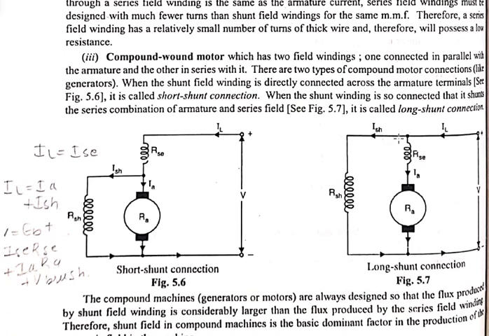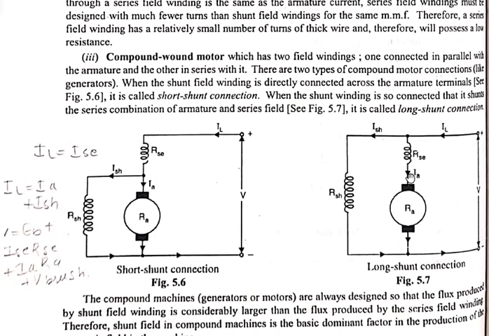So IL is equal to ISH plus IA, and the current through RSC, that is the series field winding, is ISC. ISC is equal to IA because both are in the same path. Therefore IL is equal to ISH plus IA, and IA is equal to ISC.